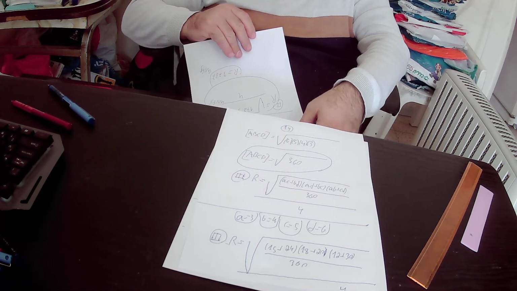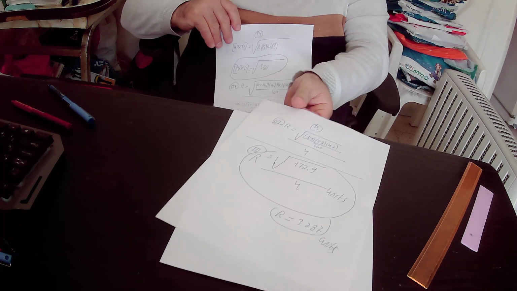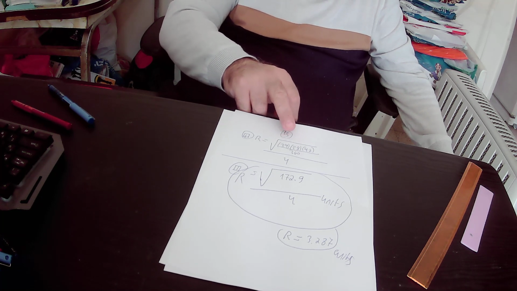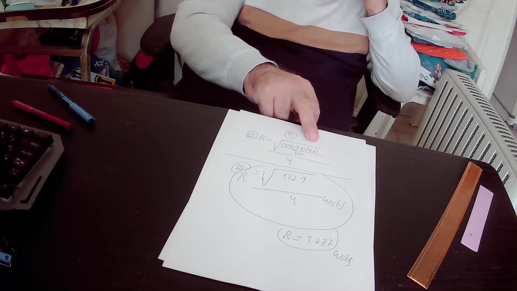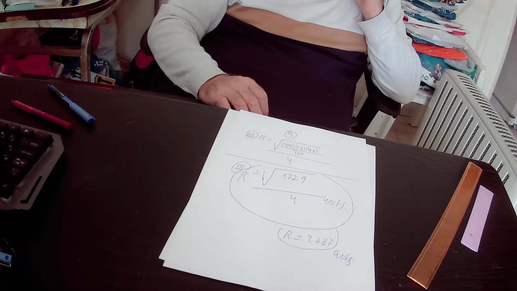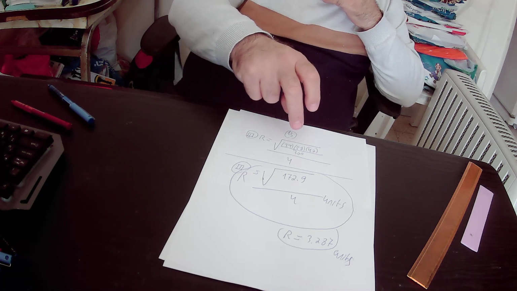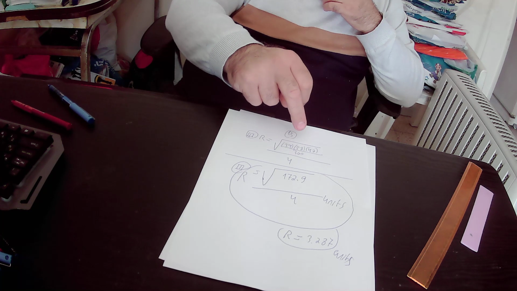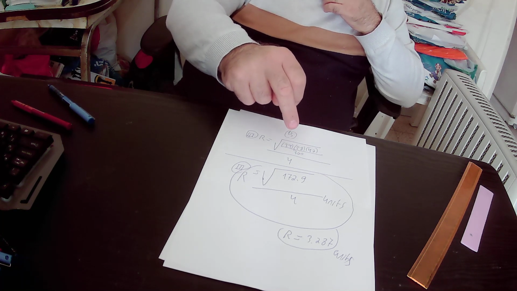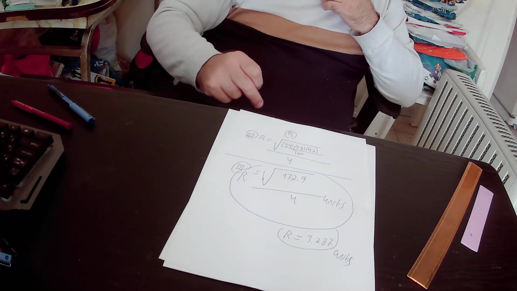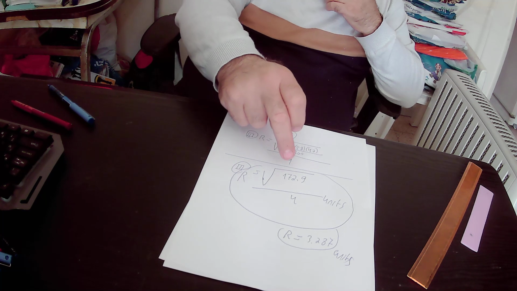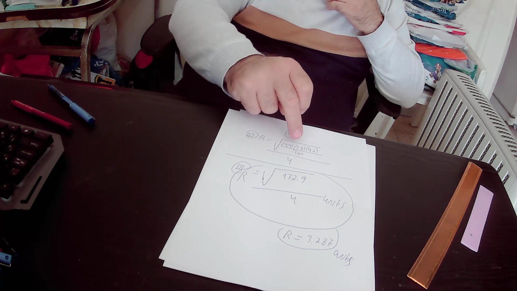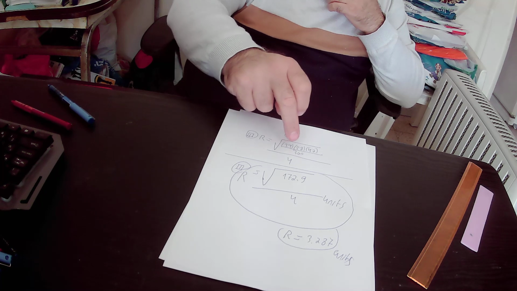So in total we got that the radius of the circle equals the root of 39 times 38 times 42 over 360, and the value of this expression inside the root equals 172.9, because 39 times 38 times 42 over 360 equals 172.9, and all is divided by 4.